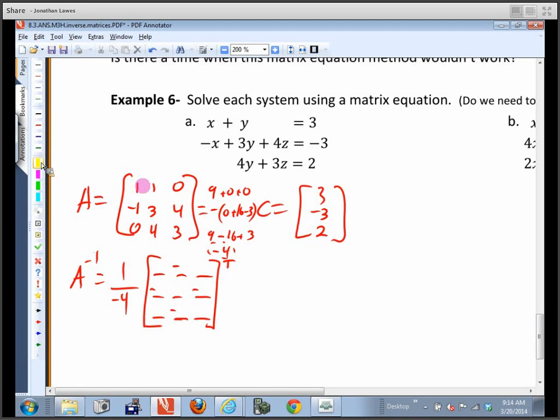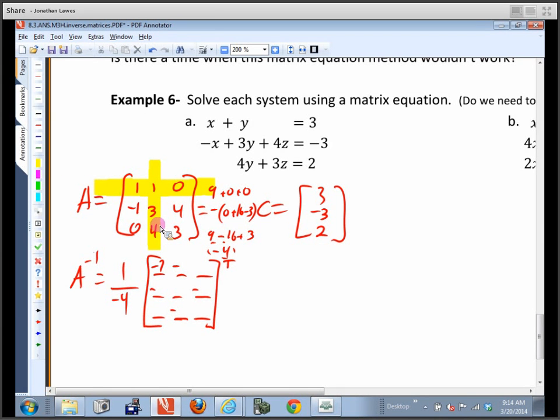So I'm going to cross out that row and that column. So we're going to have 9 minus 16, negative 7. I've got a little bit of an advantage here being able to write on there and then just erasing it.